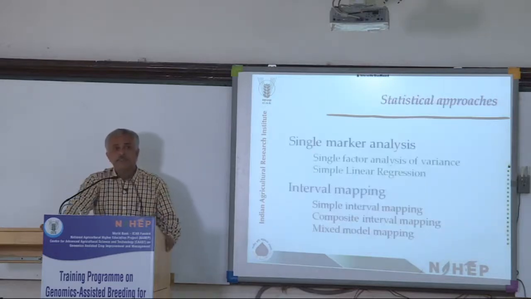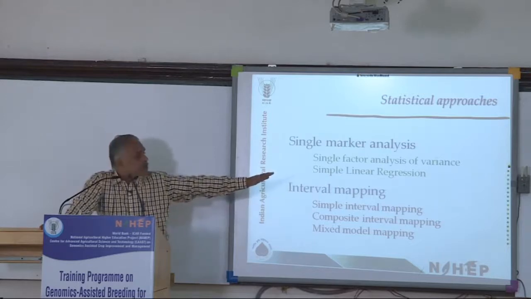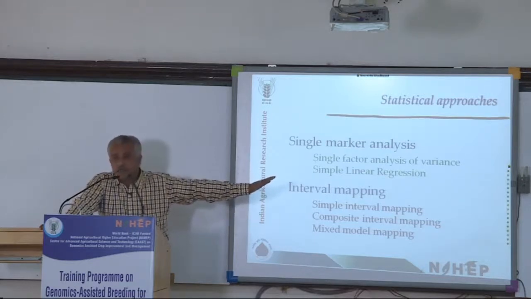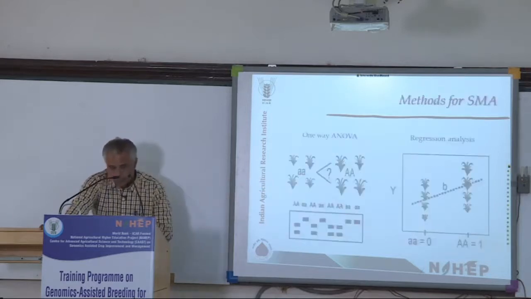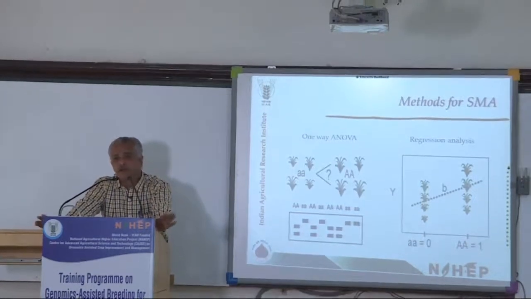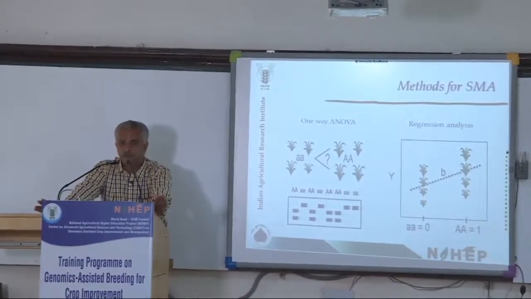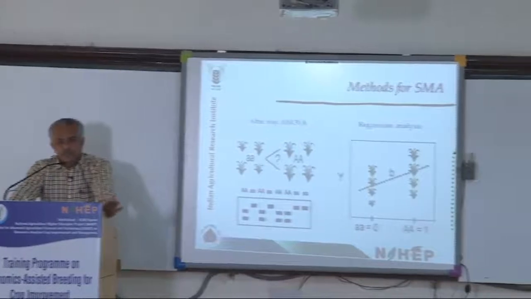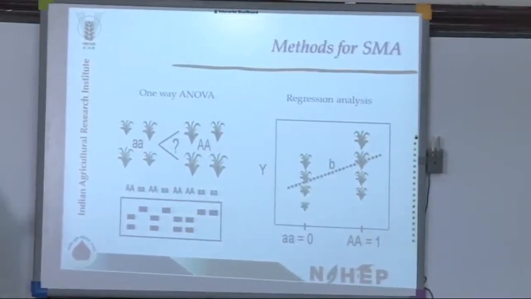Yesterday you just went through the different methods. You have single marker analysis and interval mapping. In single marker analysis, we use two methods: one is called single factor analysis of variance, or one way ANOVA, or otherwise the simple linear regression approach. Both are one and the same in practical sense, two different types of analysis of the same data.